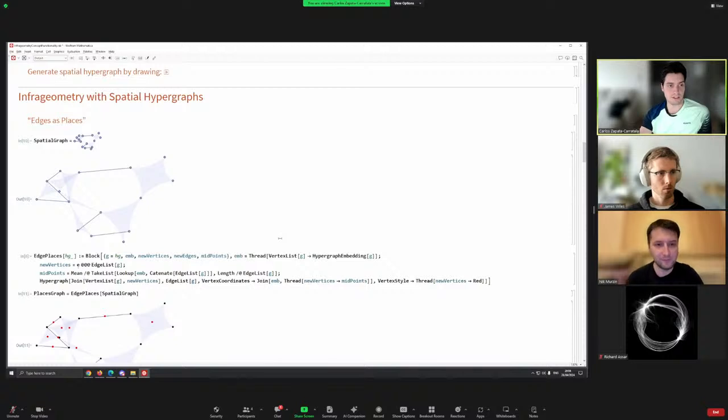So remember that the main sophistication here, the main piece of technology that we are bringing to the table that is more or less unique to the infrageometry approach, is this idea of edges as places.